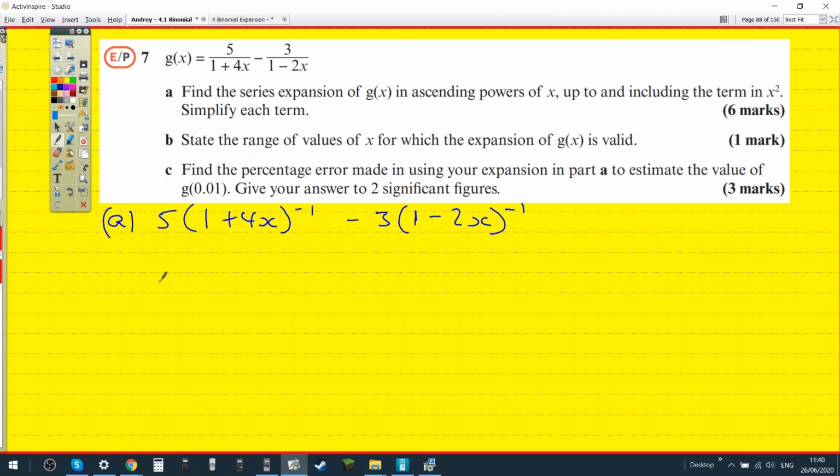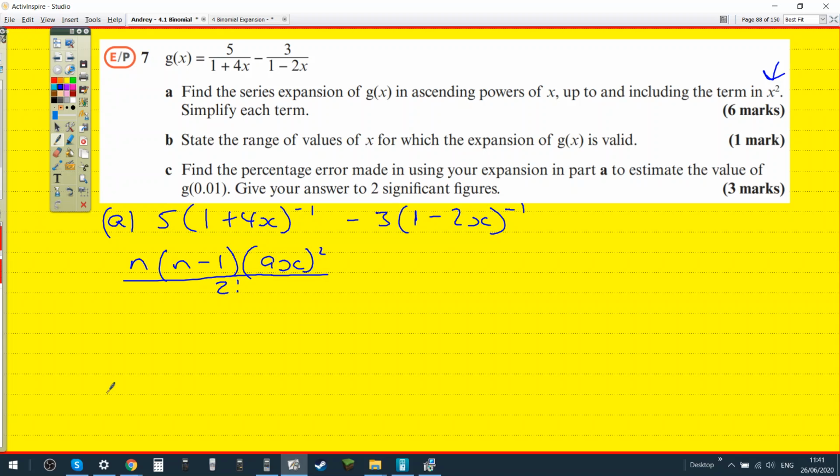Do I need to find the answer of that? Let's do just the x squared one. And where's my formula? That's gone. So the x squared one, I believe, was n times n minus 1 times ax squared, over 2 factorial.